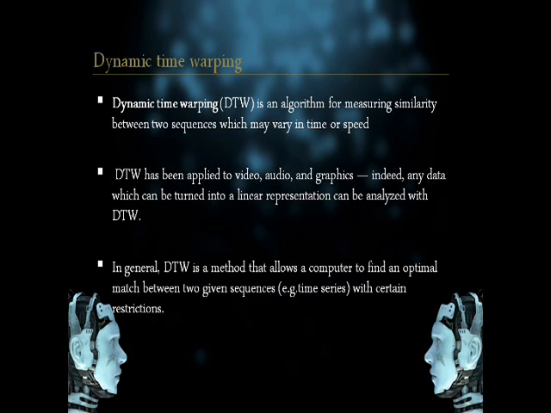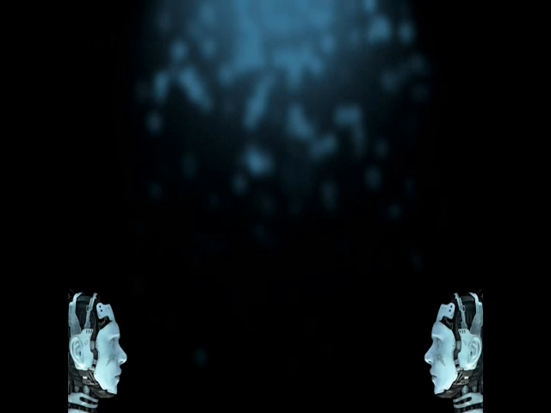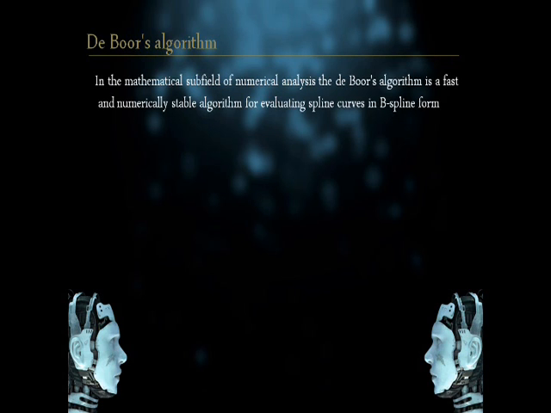In general, dynamic time warping is a method that allows a computer to find an optimal match between two sequences, for example time series, with certain restrictions. The sequences are warped non-linearly in the time dimension to determine a measure of their similarity independent of certain nonlinear variations in the time dimension.